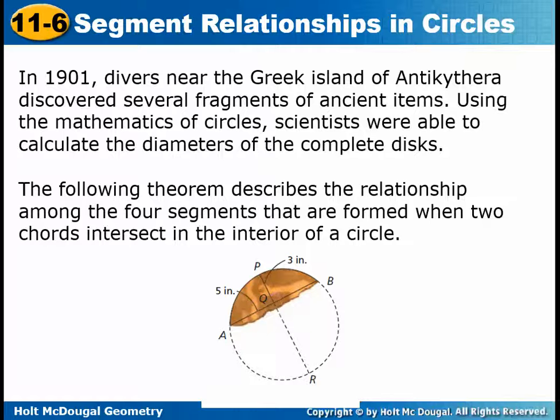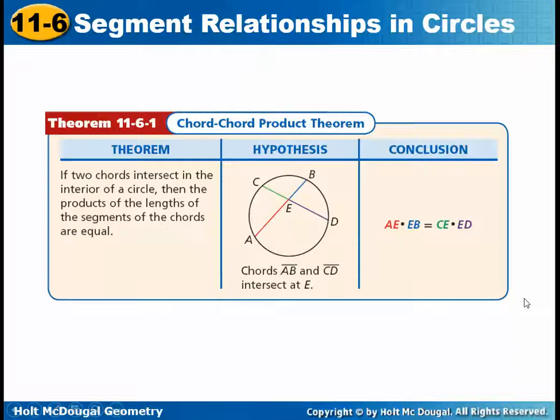So here's a theorem that has to do with the relationship among the four segments that are formed when two chords intersect in the interior of a circle. Here's an example. We have chord CD and chord AB intersecting at point E. There's a relationship with the pieces.